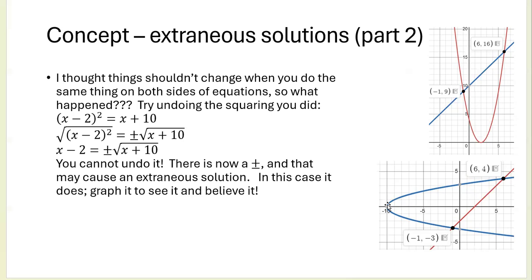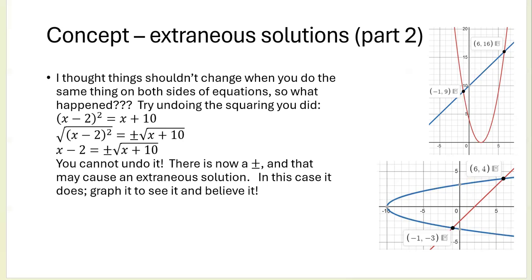So instead of just one side of this sideways parabola, you have this bottom half as well. That's where x is negative 1. That's where the extraneous solution appears. When you square both sides, you could possibly open up this other branch. It depends on the shape of the parabola and the line, but this is an example of what happens.